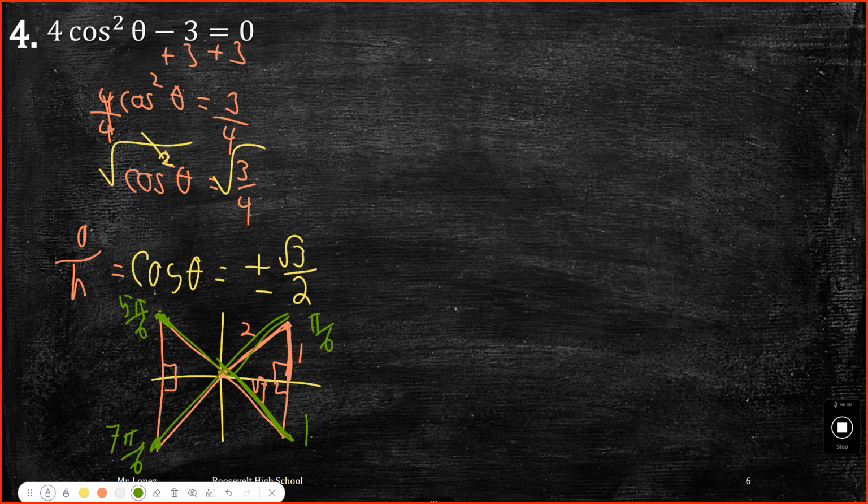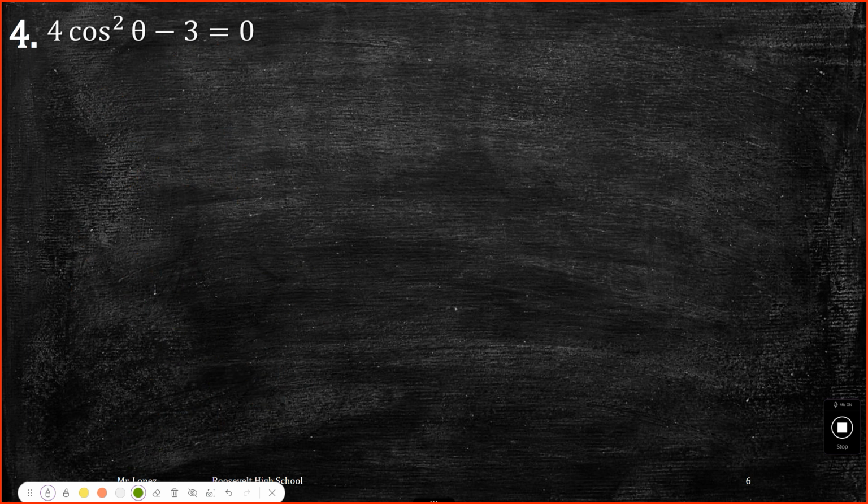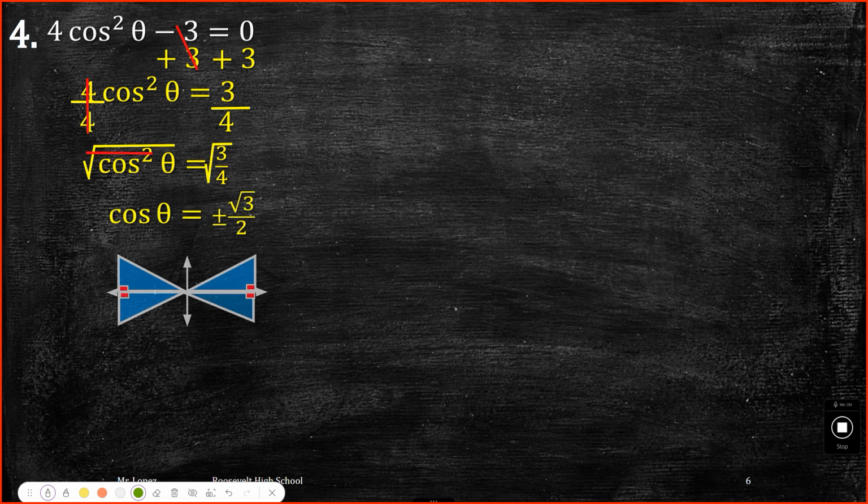Negative pi by 6 or 11 pi by 6. Is it making sense now? Yes, hopefully. So you can say pi by 6 and negative pi by 6, 5 pi by 6, 7 pi by 6, 11 pi by 6, or you can just call it negative pi by 6.